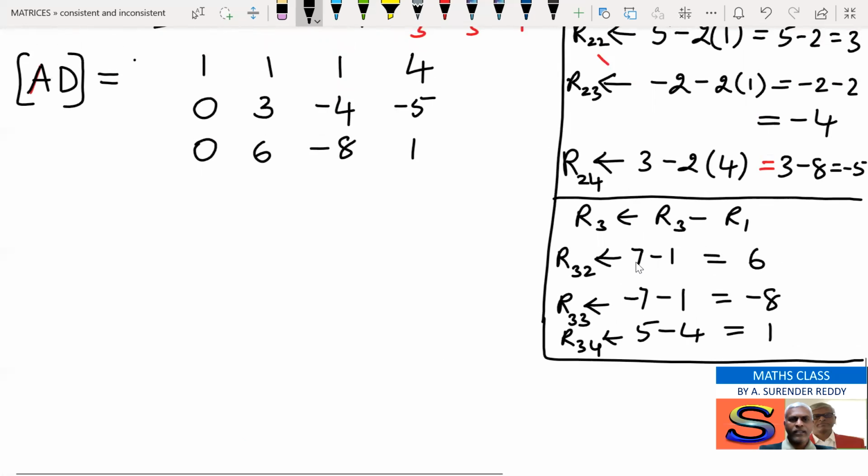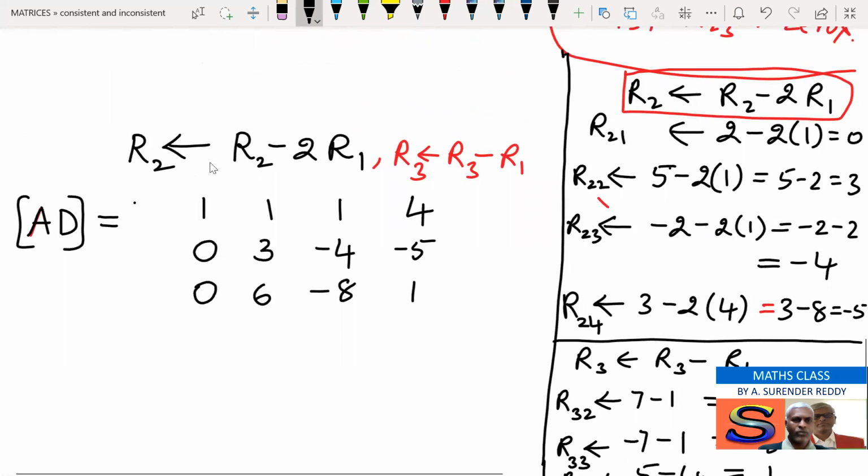Our intention is to make these two numbers in first column 0.